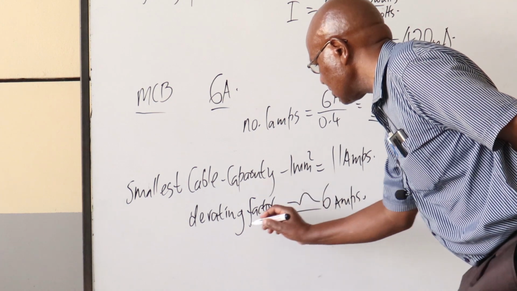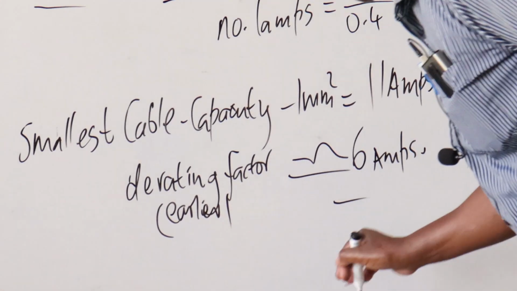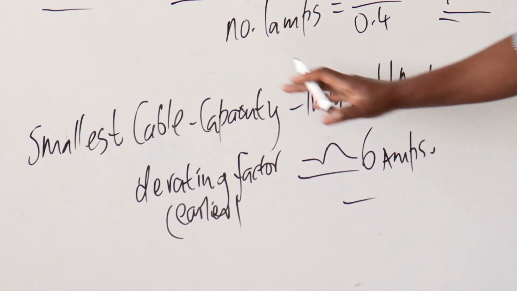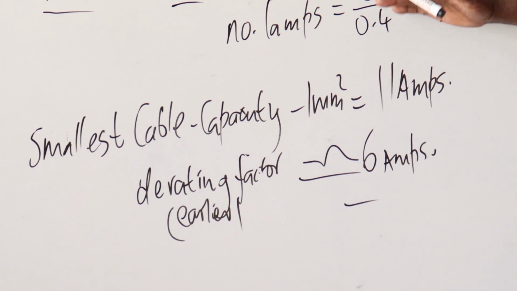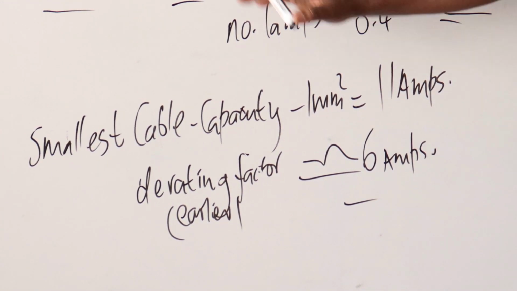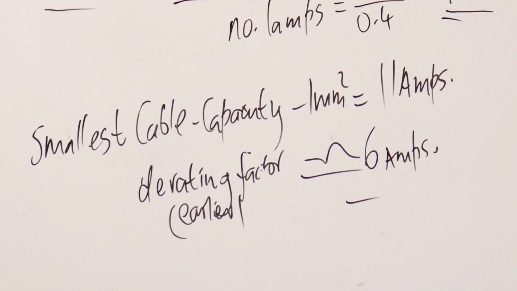I think we had done this earlier. So the derating factors, although the cable is 11, will take the current capacity down a bit lower. Maybe that's why the MCB is around 6 or something like that.